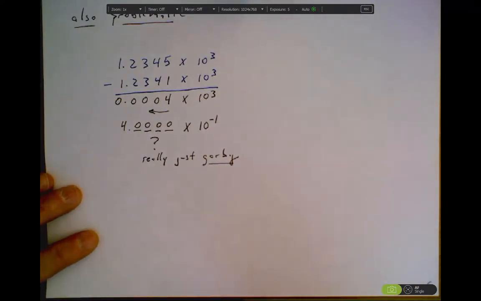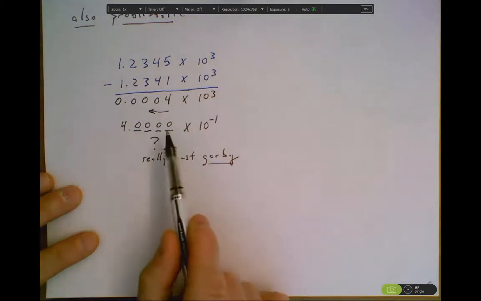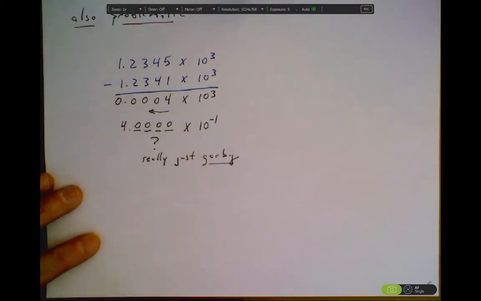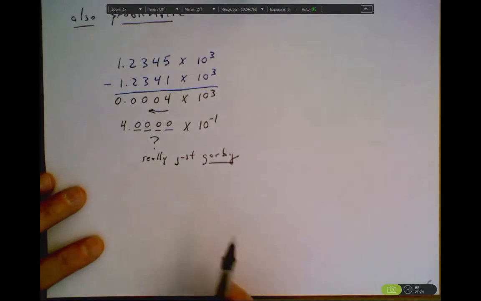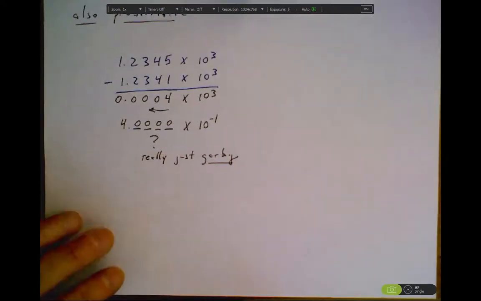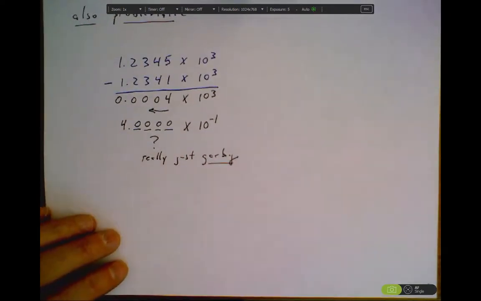My balance didn't weigh that accurately, or whatever the physical reality is. And all of a sudden I'm carrying around zeros here that really are not meaningful. So doing subtractions in floating point applications of two numbers that are close together is problematic. It often leads to loss of accuracy of your values.